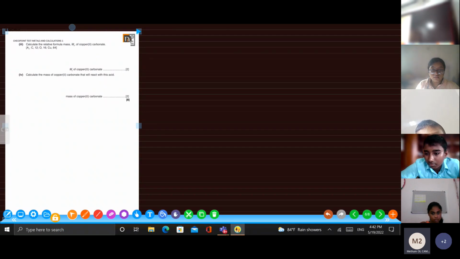The relative molecular mass and relative formula mass are the same, but relative formula mass is much better in this case.